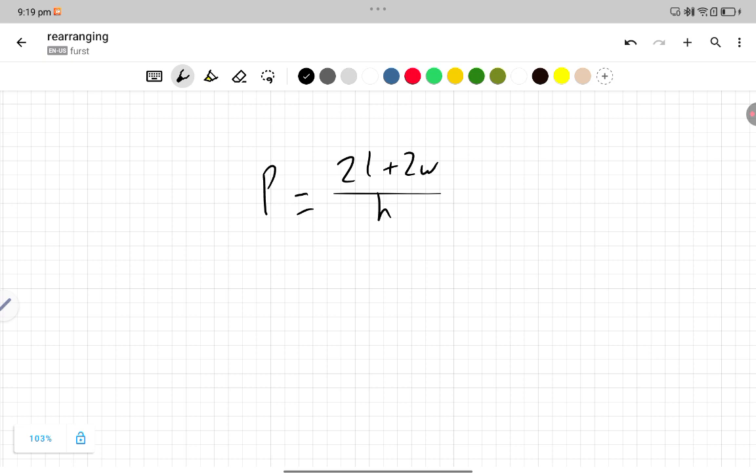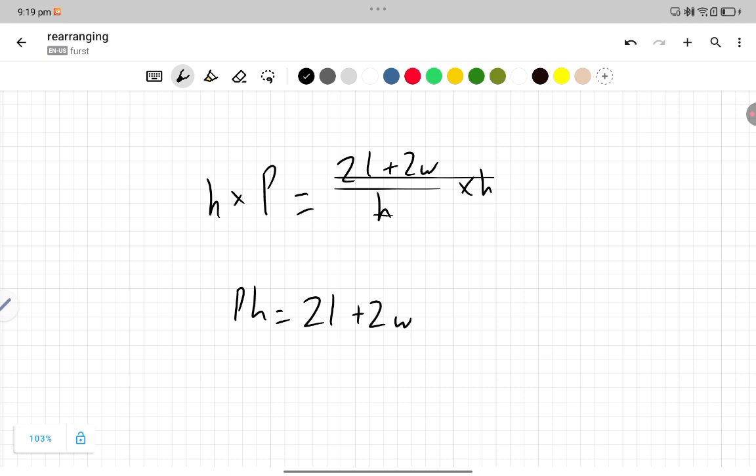It's the divisor in this case. It's not being divided, it's actually the divisor. But we know it has to do with division, and what's the opposite of division? It's multiplication. So we want to multiply both sides by h. These h's will of course cancel out, and we're left with ph equals 2l plus 2w.